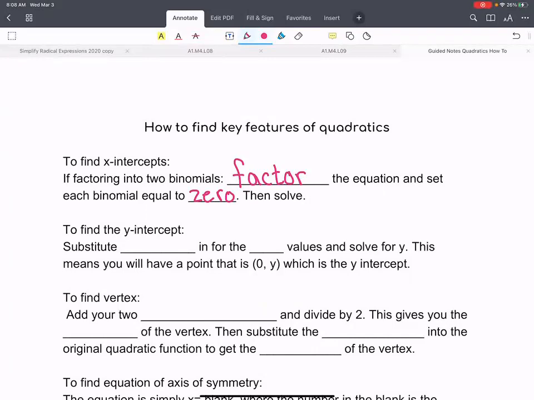That's pretty easy, right? To find the y-intercepts, substitute 0 in for the x values and solve for y. This means you will have a point that is 0, comma, y. Well, y is the y-intercept. A lot of y's.